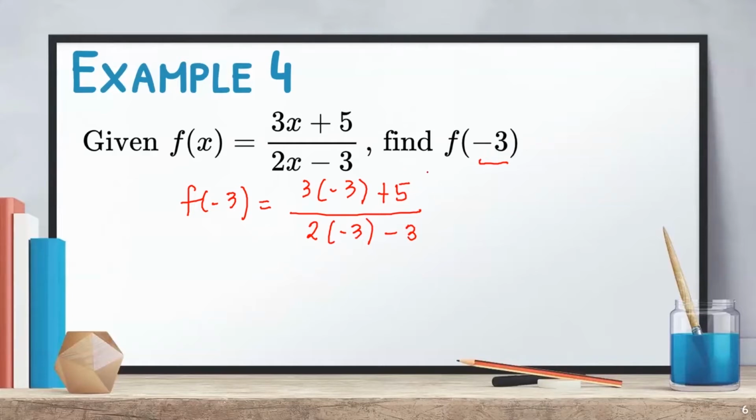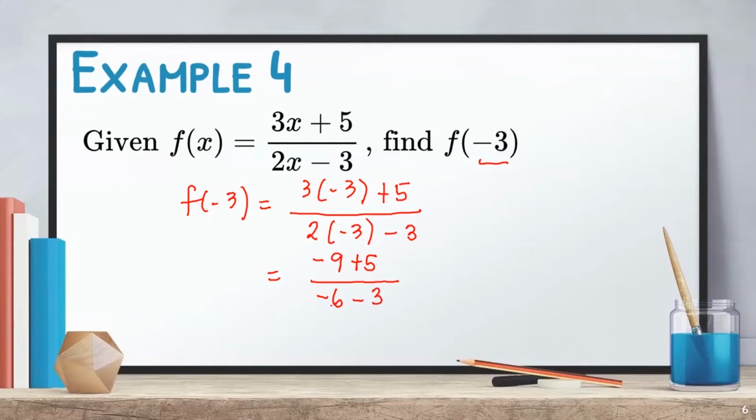Simplify the numerator and the denominator. For the numerator, we have 3 times negative 3 will give us negative 9, then plus 5. For the denominator, we have 2 times negative 3 is negative 6, then minus 3.